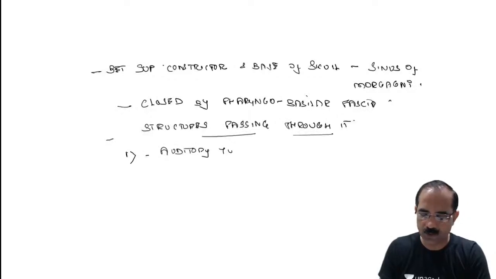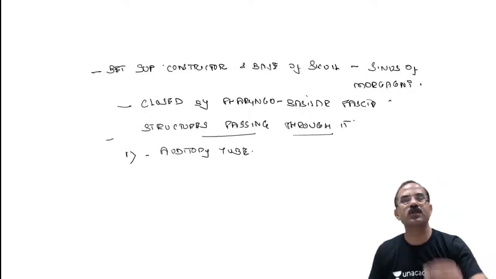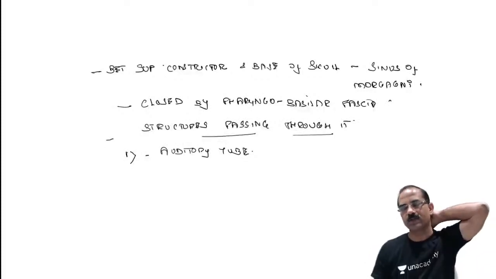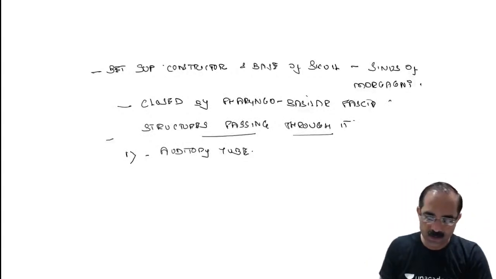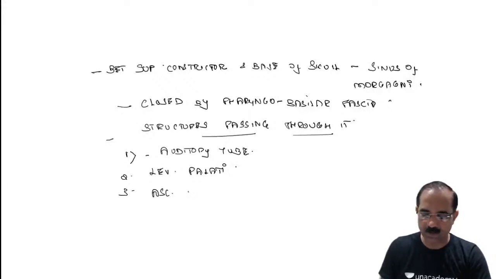This you have to know. These are structures passing between the superior constrictor and the base of the skull. 1 is the eustachian tube. 2nd is the levator palatii muscle. 3rd is the ascending palatine artery.